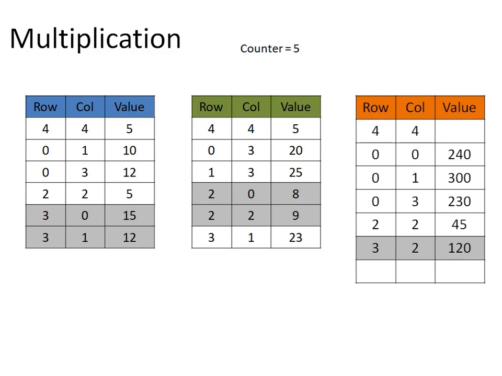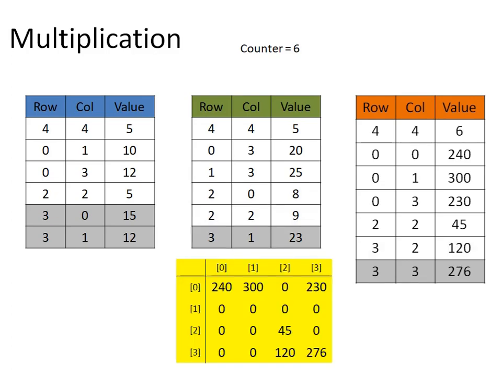So for index 3, 2, the common column comes out to be 0 and hence the corresponding entry will be 15 cross 8, that is 120. Lastly, for index 3, 3, we have common column 1. So the value comes out to be 12 into 23, that is 276.